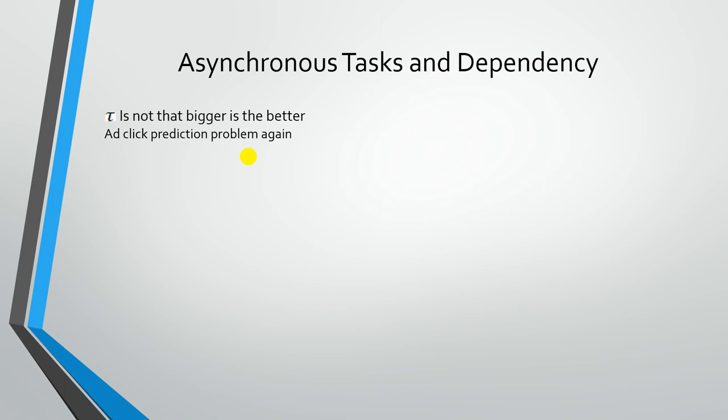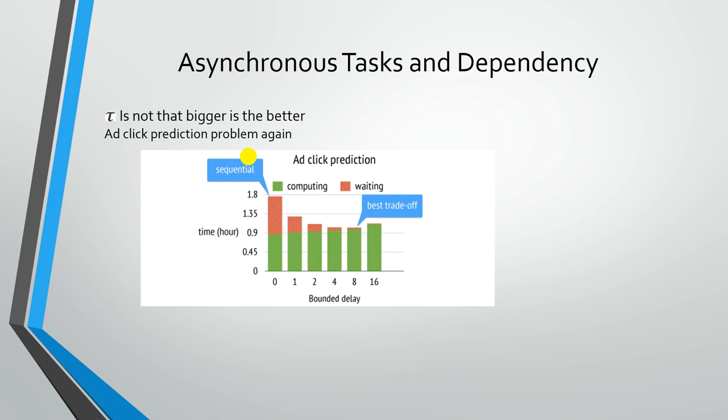As you can see, a bounded delay time of 8 is the best here. So it is not 0, it is not 1, it is not 16 either. A middle time delay is the best.